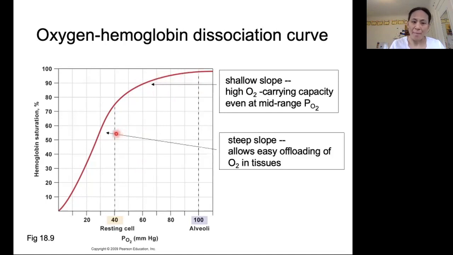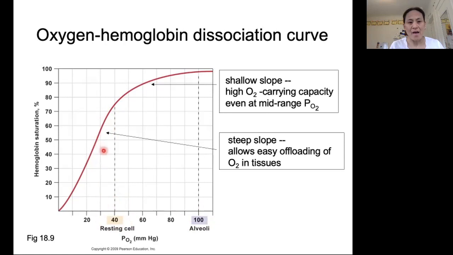Looking at the bottom part, middle bottom, this part with the steep slope allows easy offloading of oxygen to the tissues, right? I forgot to point out, but these values here, 40 is our PO2 at the tissues, and then 100 is our PO2 at the alveoli.